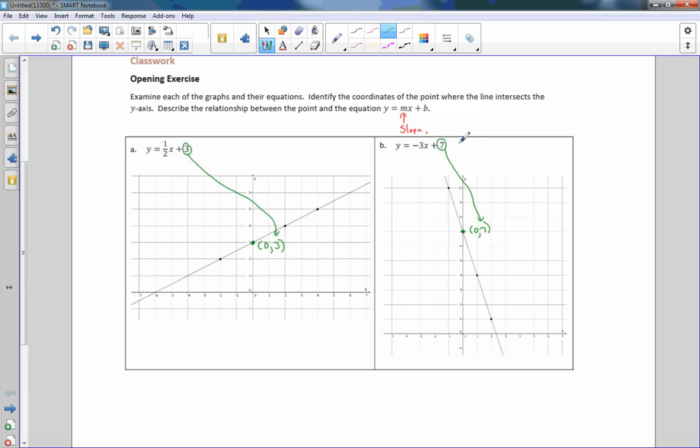So in general, the y-intercept is the point 0, b, where b is right there. Okay, so now we know that m is the slope, b is the y-intercept, x is values we plug in, and y is a value we get from plugging values of x in.